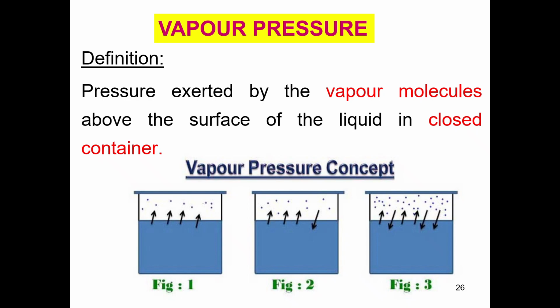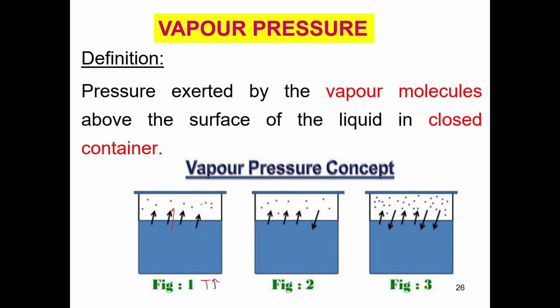Okay, next one is vapor pressure. So vapor pressure meaning tekanan yang dihasilkan oleh gas, yang dihasilkan oleh vapor. So pressure exerted by the vapor molecules, selalunya dalam closed container. Sebab kalau container ni tak ditutup, vapor tu akan terkeluar, jadi tak adalah terhasilnya vapor. Okay, for example dalam figure 1, kita ada liquid, so liquid change to gas bila kita heat this liquid particle.